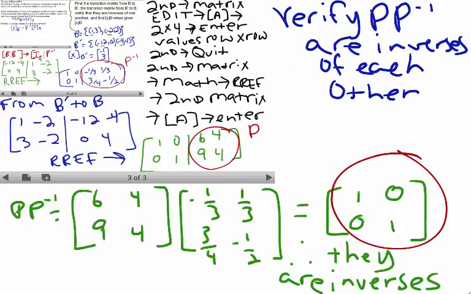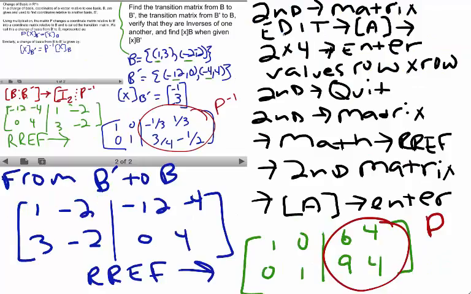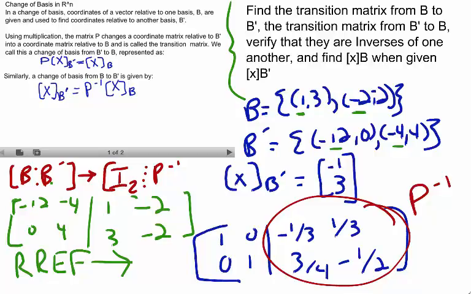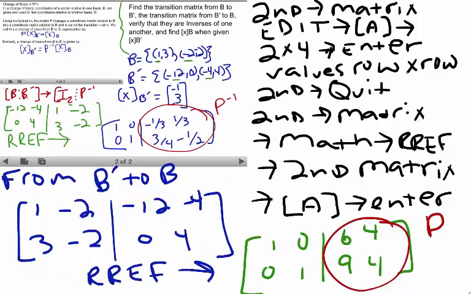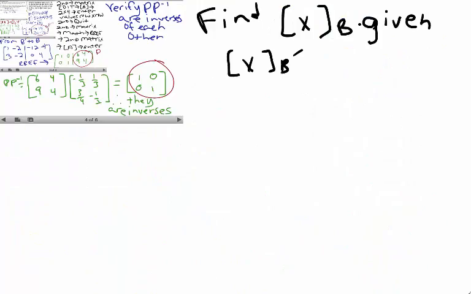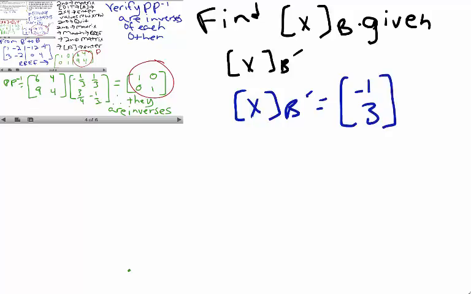Let's recall that we were given some information on the coordinate matrix of x relative to B prime, and that's the information we'll use now. The coordinate matrix of x relative to B prime is equal to negative 1, 3, as a 2 by 1 matrix.